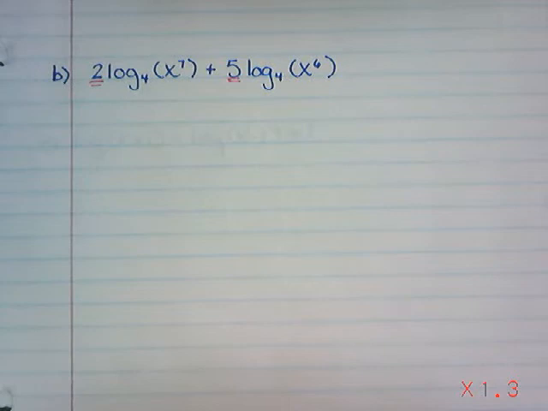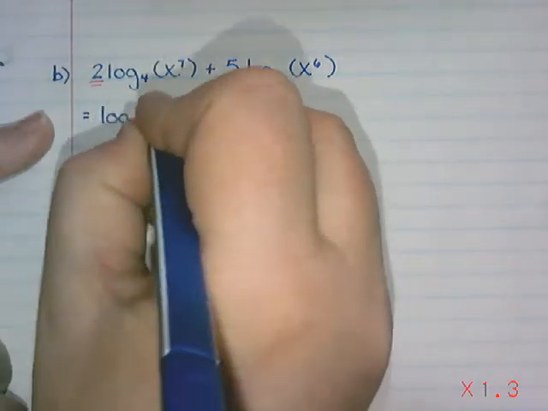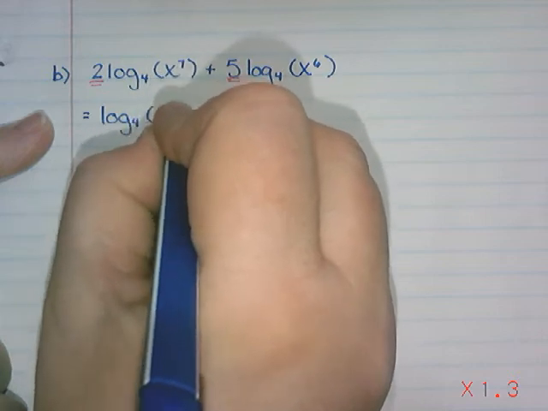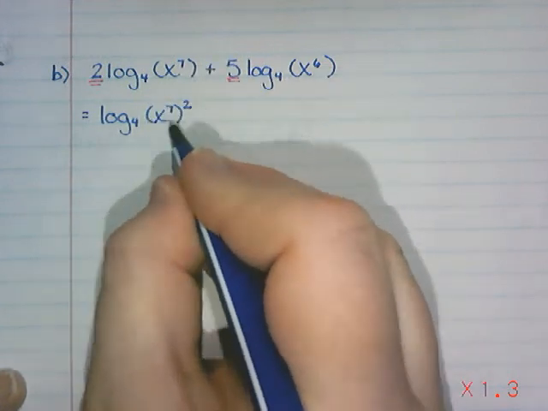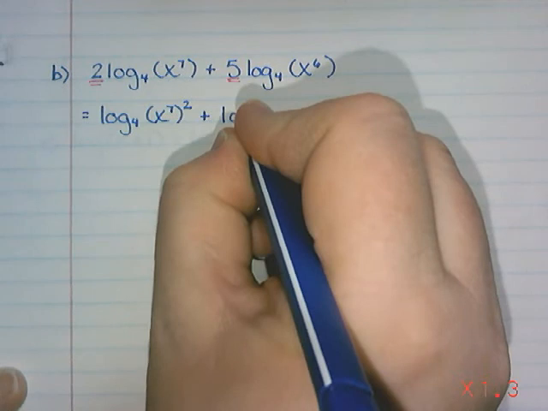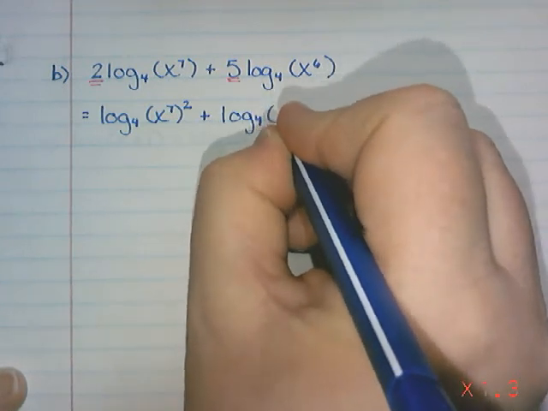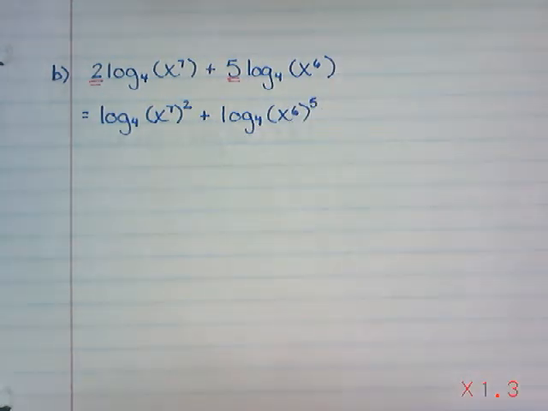So this is going to become log base 4 of x to the 7, to the power of 2, right? We're bringing this up as an exponent on our argument. And then the second one is going to become log base 4 of x to the 6, and then bring that 5 up to the power of 5.